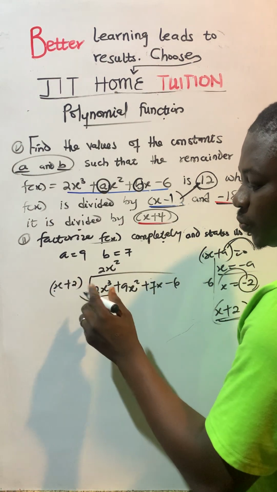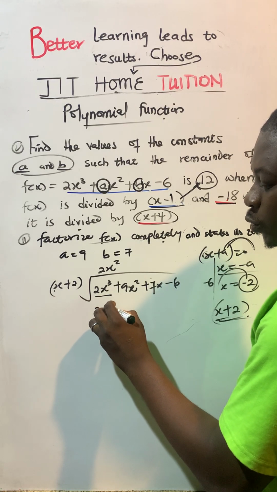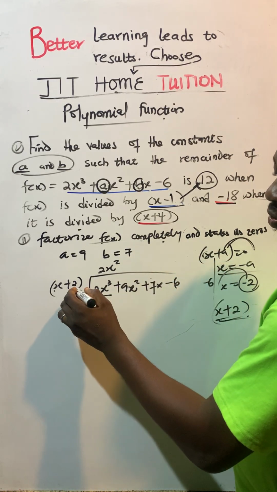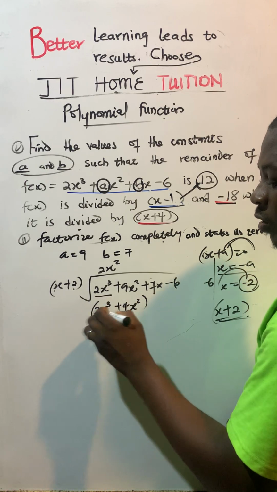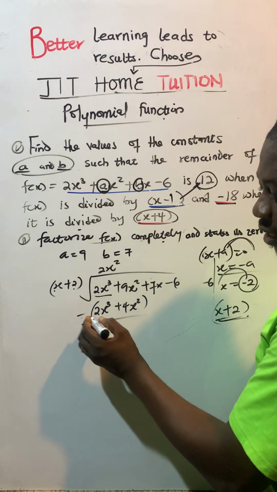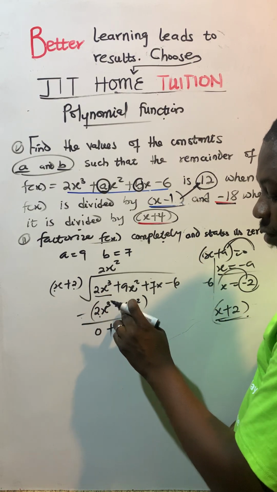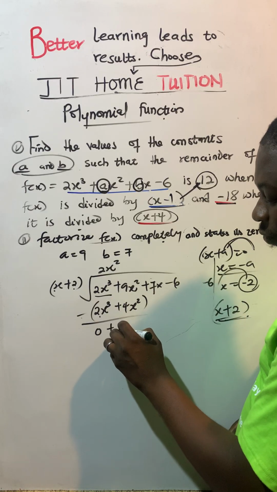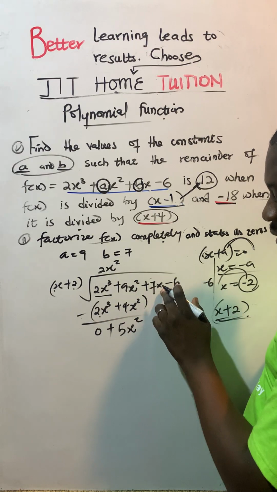Then to multiply to give you 2x cubed. Then the same thing will multiply this, giving you plus 4x squared. Then you subtract. When you subtract, the negative will affect this one plus that, giving you 0. The negative will affect this one plus this, and that will reduce it to now 5x squared. Then you bring the 7.